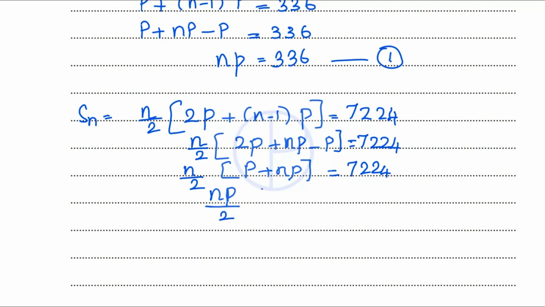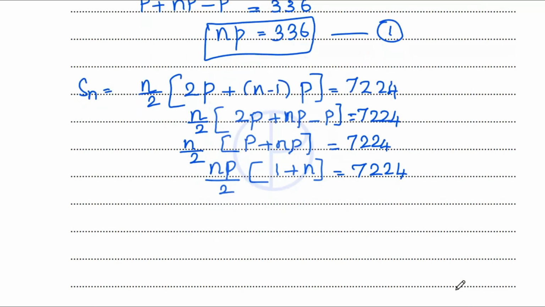Np divided by 2 multiplied by 1 plus n equal to 7,224. And from 1 we know Np is equal to 336. Substitute that here.